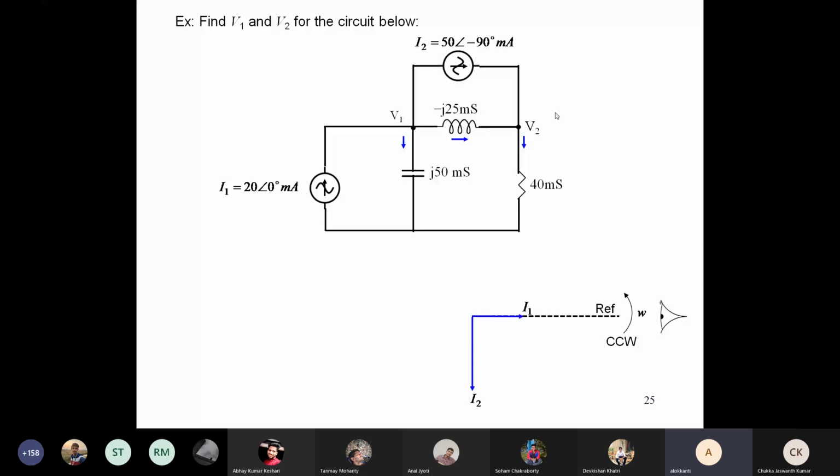So what is the equation at node 1? 25 V1 j plus 25 V2 j is equal to 20 plus 50 j.